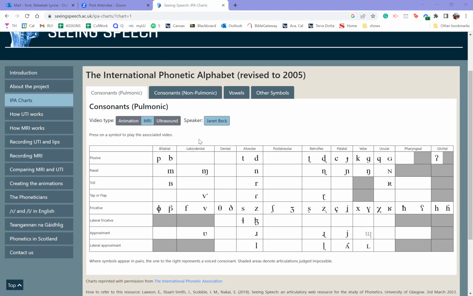Yes. Thank you. So this is what's called the International Phonetic Alphabet. So every language can be written out using this alphabet. So every symbol has one specific sound, and that's what makes it helpful for transcribing languages.